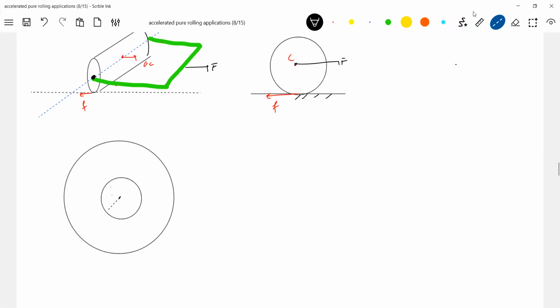Try to assume a 3D diagram, you'll be in a better position. This is small r, this is capital R, and this is the ground. It is kept on a rough surface. I'm going to apply force F like this. Let I be the moment of inertia, let M be the mass of it. Then whatever the friction, all the things. So how do we analyze such a thing?